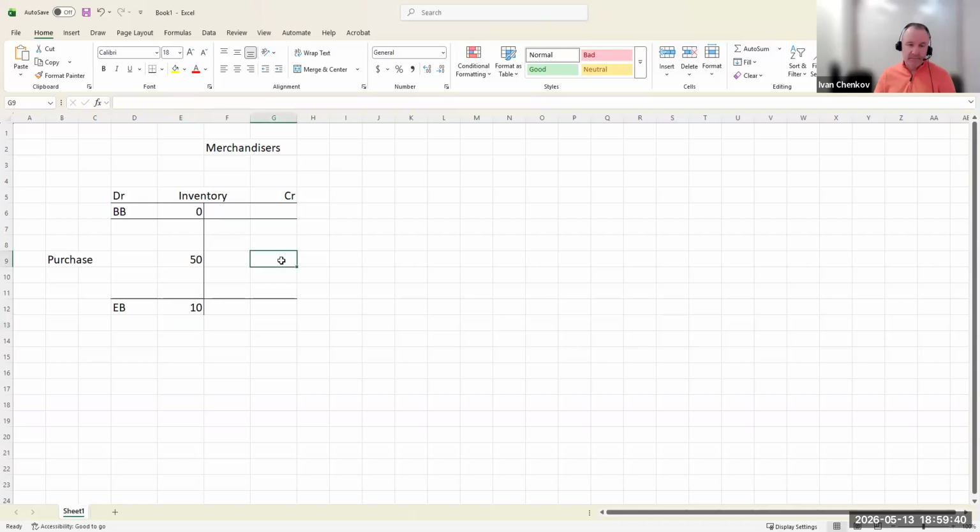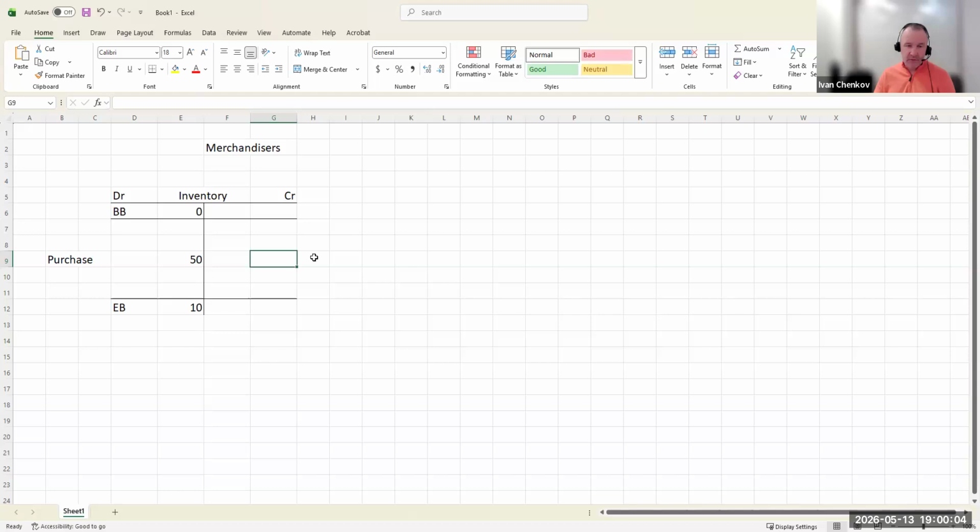What does that mean? Did we sell something? And if we sold something, how much did we sell? We sold 40, right? What we sold is going to become part of the cost of goods sold.